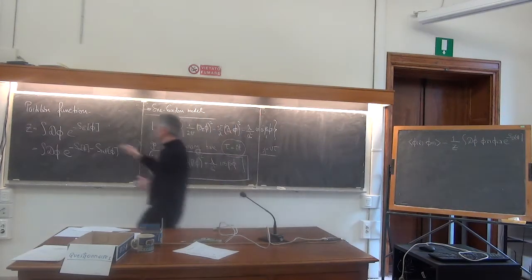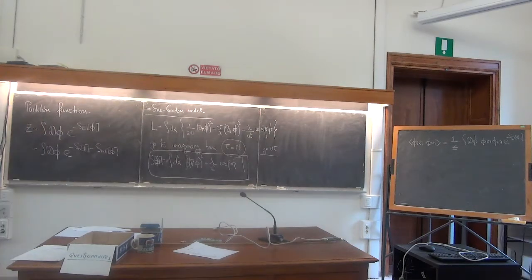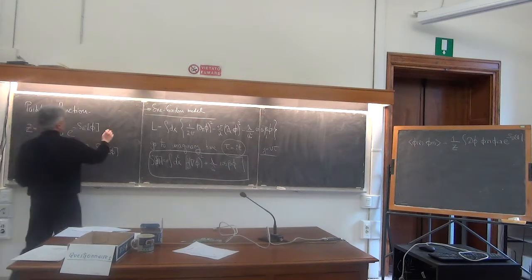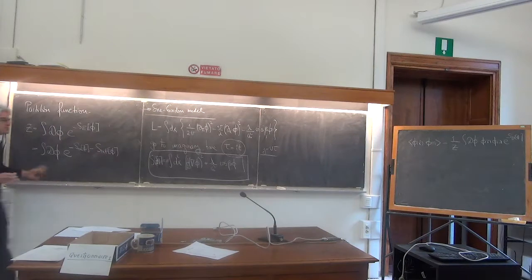This is the usual path integral formulation. The easiest quantity to look at is this object Z, the partition function. If I were to add a source term here, this would be the generating functional of my correlation functions, the two-point function and so on.